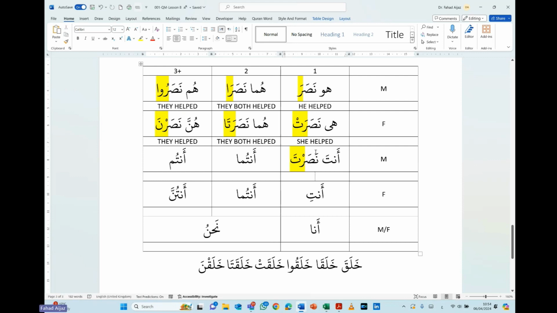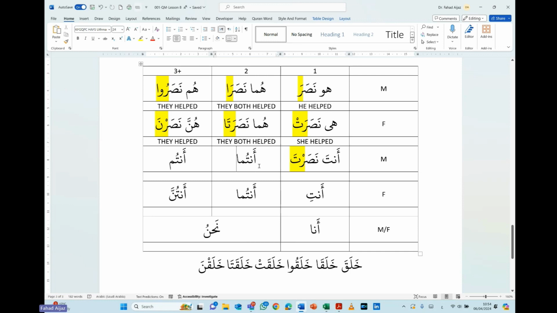Now that we have done this first one, in all the next five you're picking up this nasr and replacing the an with it. It's anta nasarta.